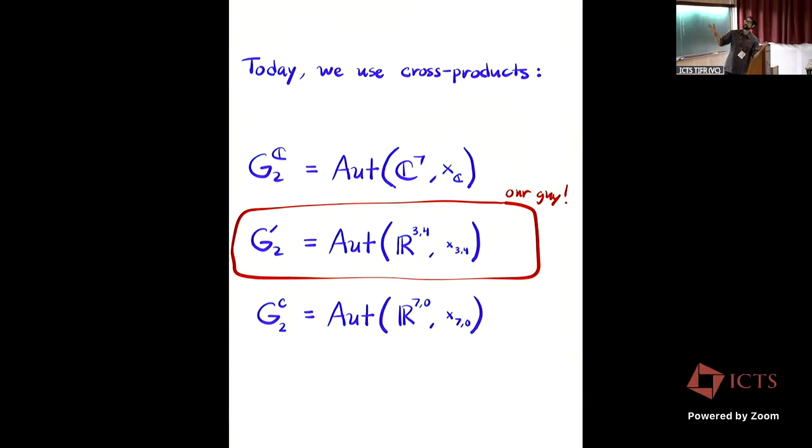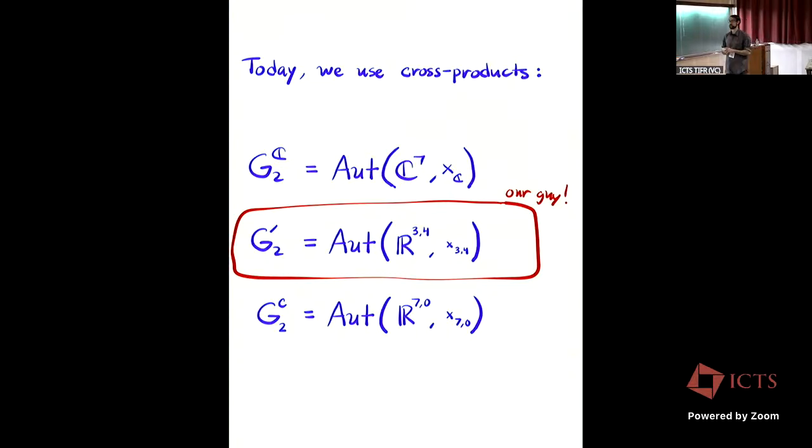Okay, so over C7, there's a unique quadratic form that's non-degenerate, and there's a unique cross product up to isomorphism, and the complex G2 is just the transformations of C7, linear isomorphisms, that preserve the cross product. Now, when you move to the split G2, it turns out that you need to look at pseudo-Euclidean space R3,4. And here I'll take the convention that the first index in the signature always denotes the space-like, or the positive part, and the second index denotes the time-like part, or the negative part of the signature.